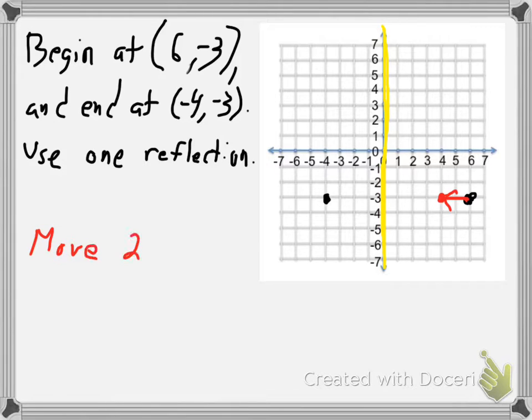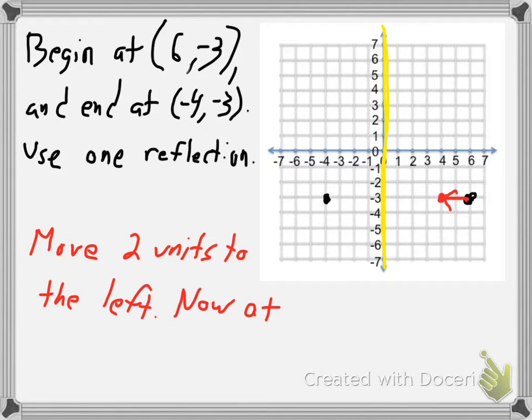Move 2 units to the left. Then once I've used 2 units to the left, I'm now at 4, comma, -3.